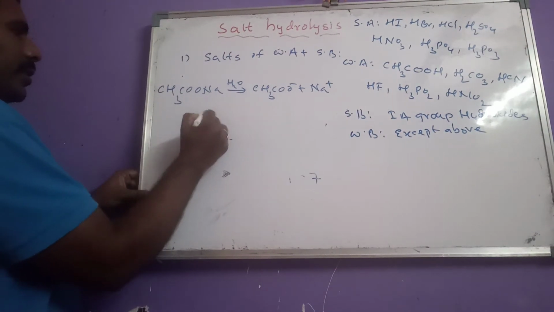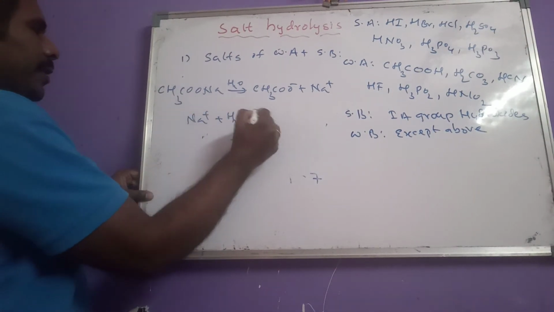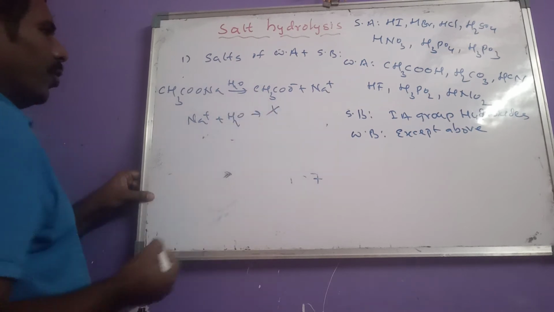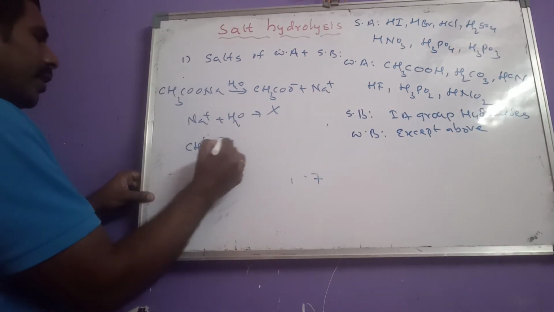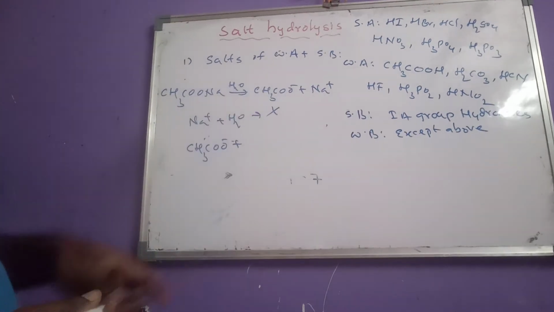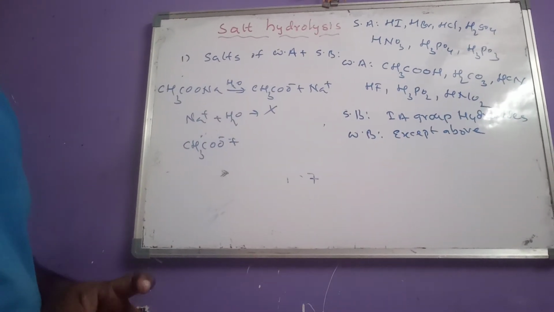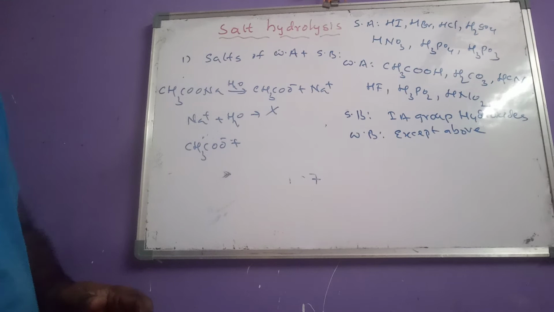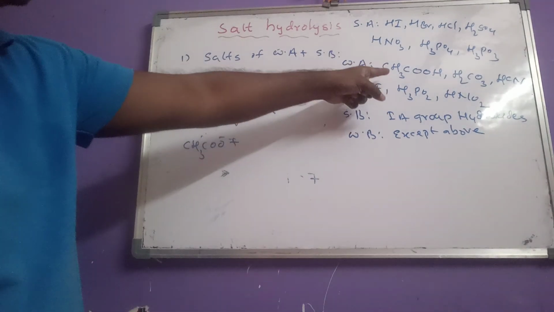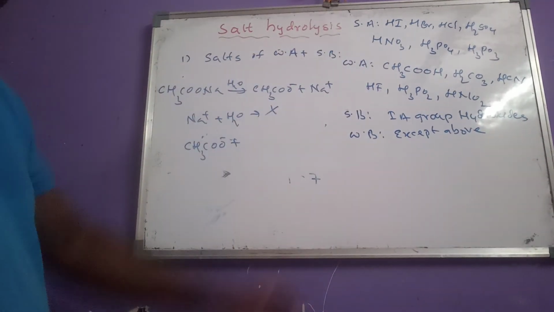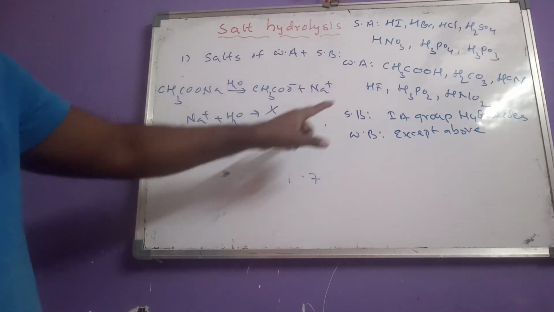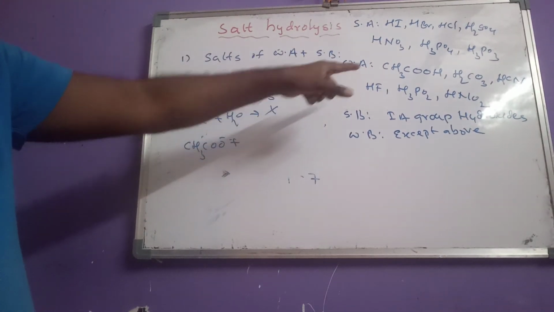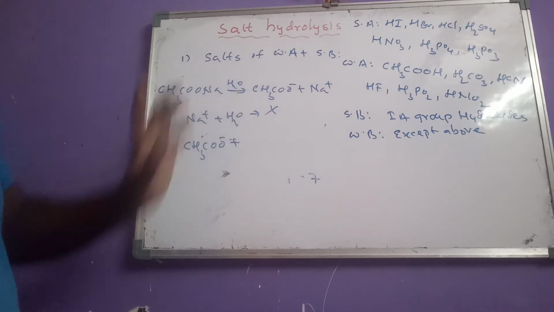Already we discussed this. Na+ and water, no reaction. Now come to the acetate ion. Acetate is the strong conjugate base produced from weak acetic acid. As acetic acid is weak, the conjugate base produced from that weak acid is a stronger one.